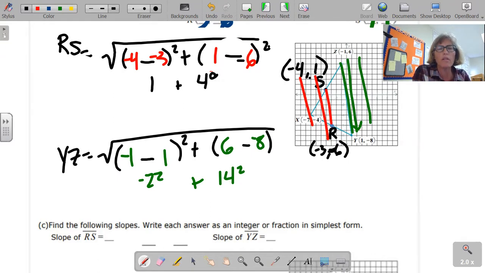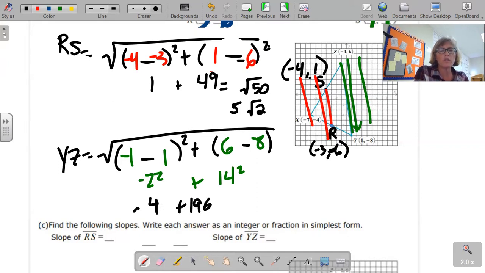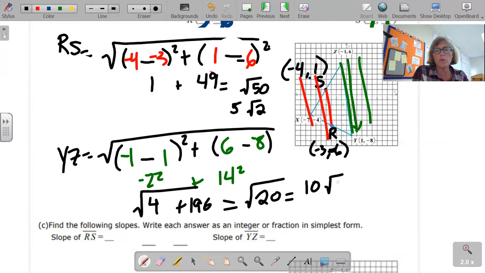That's going to be 49. So this is right here, friends. That's going to be square root of 50, which is 5 root 2. This is going to be 4 plus 196 square root. That's square root of 200. And that ends up reducing to 10 root 2. So what we've proven here is one is double of the other. Word to the wise, watch out for those double negatives.